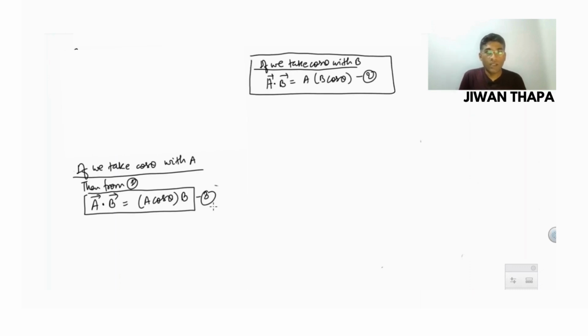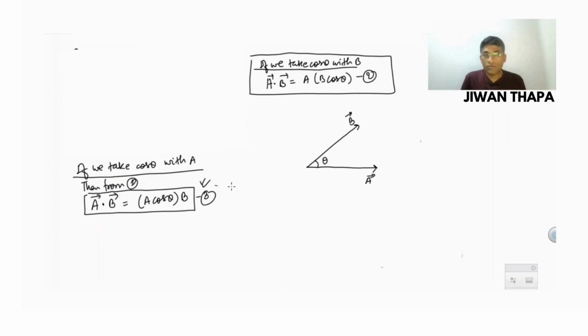So we have this. Now let's understand equation 3. I'm taking the same figure or diagram. Initially we had this.